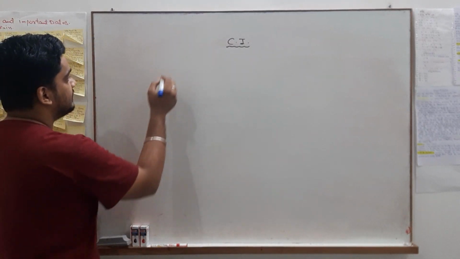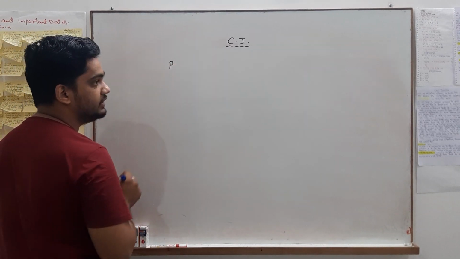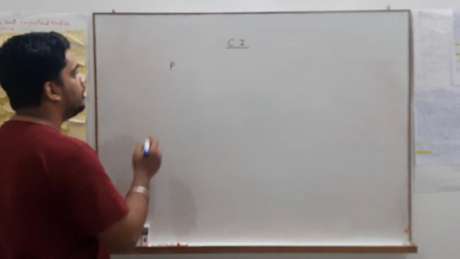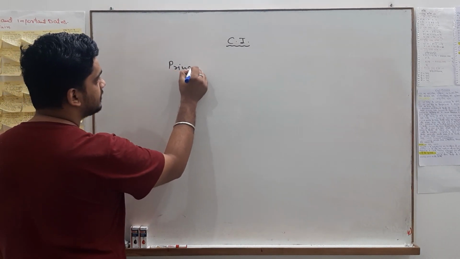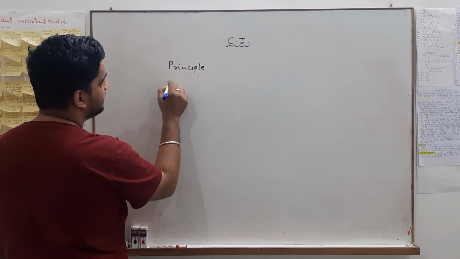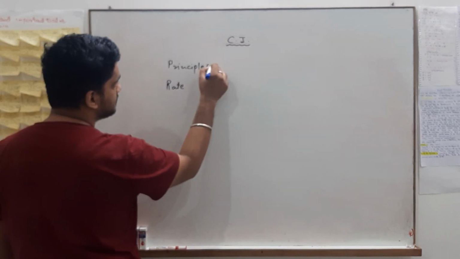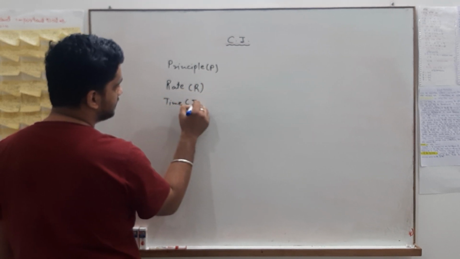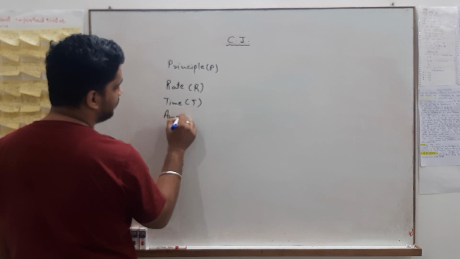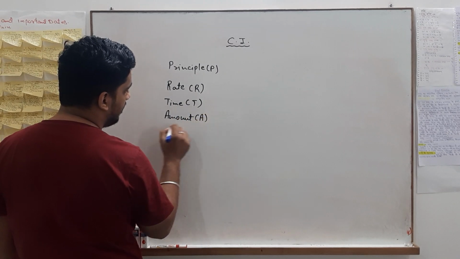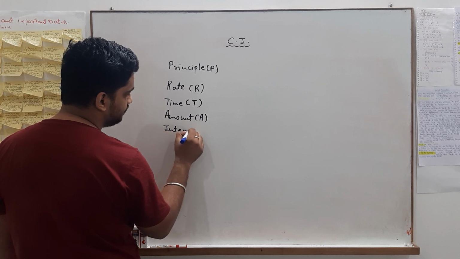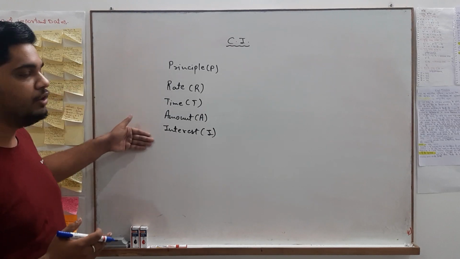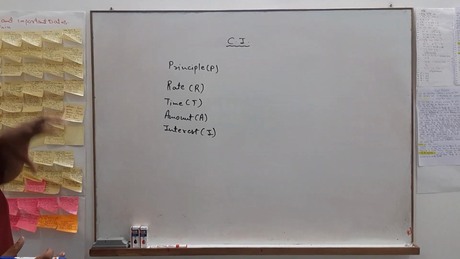First of all, P stands for principal, R stands for rate, T stands for time, A stands for amount, and I stands for interest. Right? So these are some factors which we are going to discuss in the basic part of compound interest.